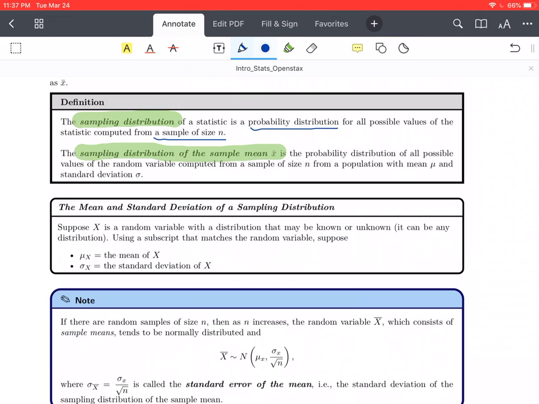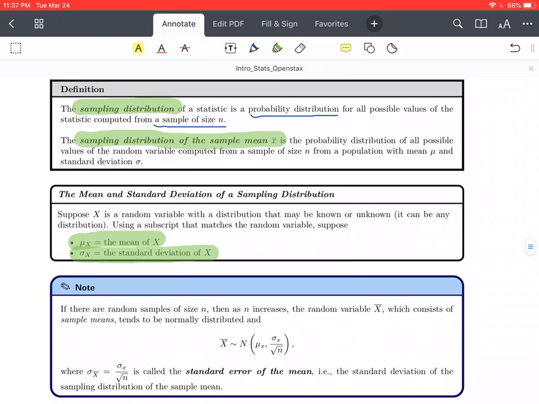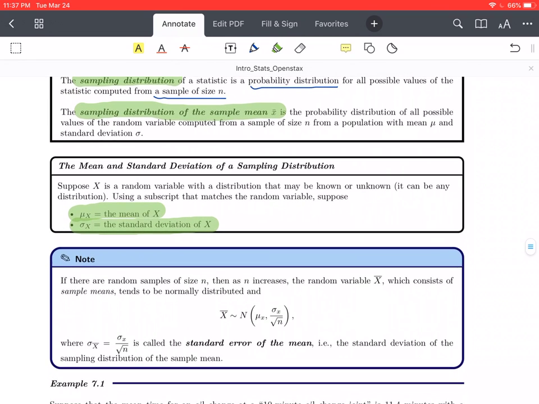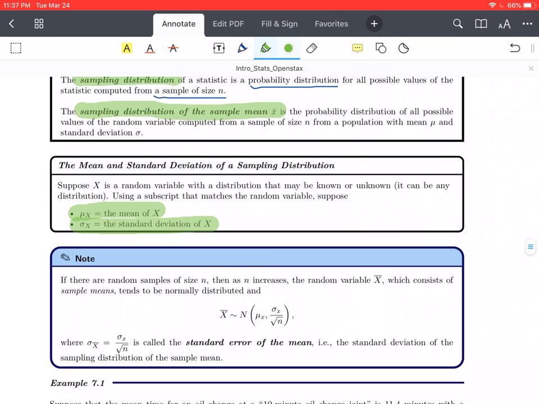For the mean and standard deviation of a sampling distribution, the mean, which we call mu sub x, and the standard deviation, sigma sub x, those values we compute normally. That's what we know as the mean and the standard deviation. But when we're dealing with the x bar values, the sample means, this is the formula that we're using.